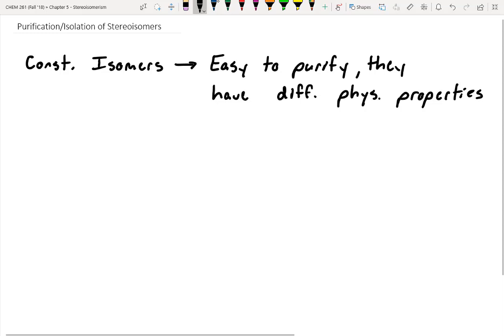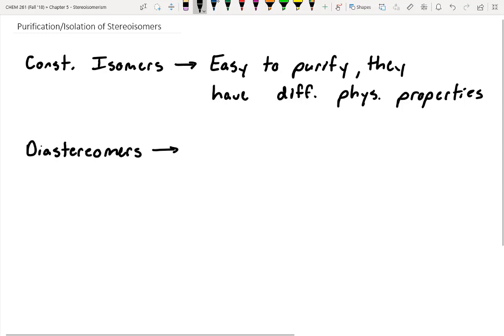They're radically different. All right, what about diastereomers? Are diastereomers easy or hard to separate? Does anybody have a hypothesis? I'd say diastereomers could be very different from one another. They're not mirror images. They're actually pretty easy to separate for most industrial situations.